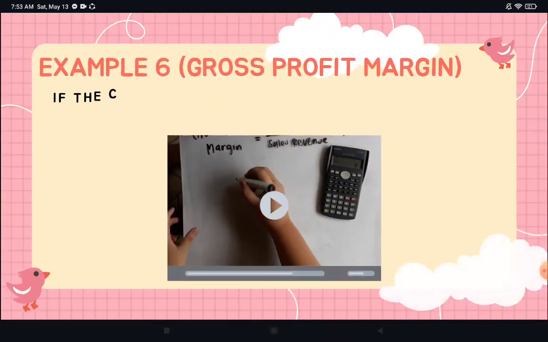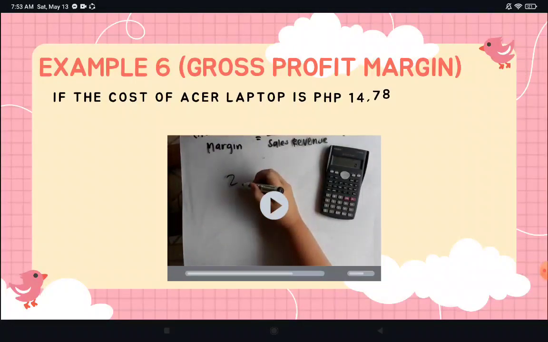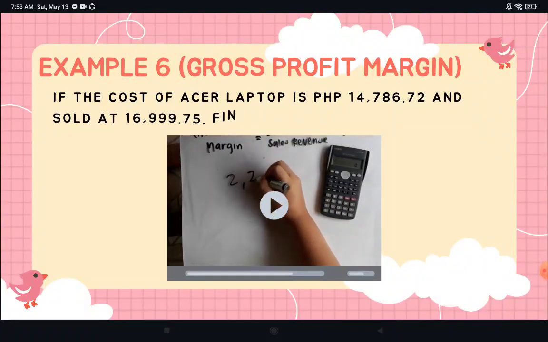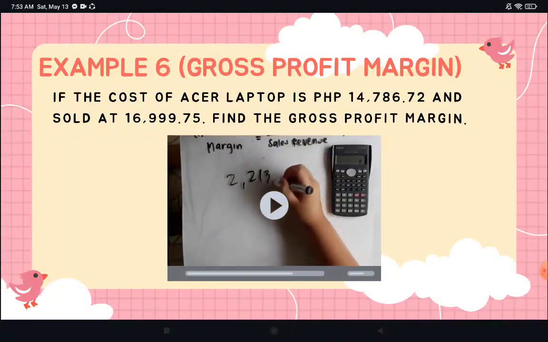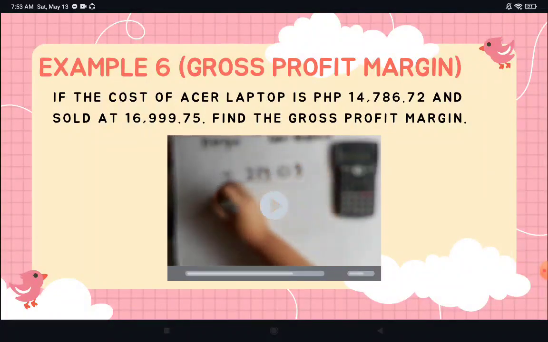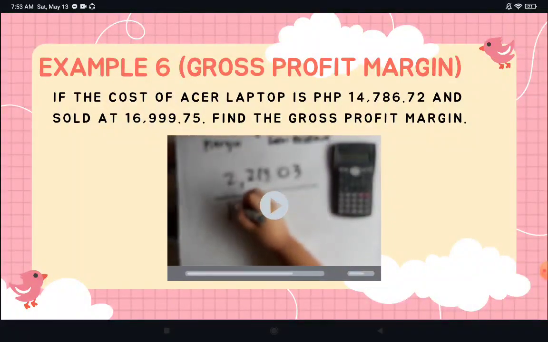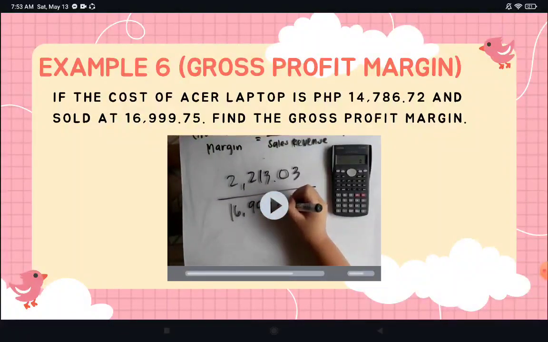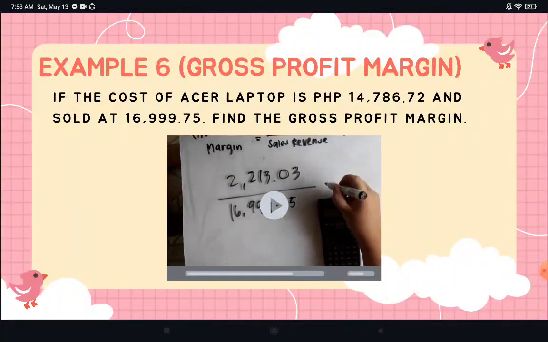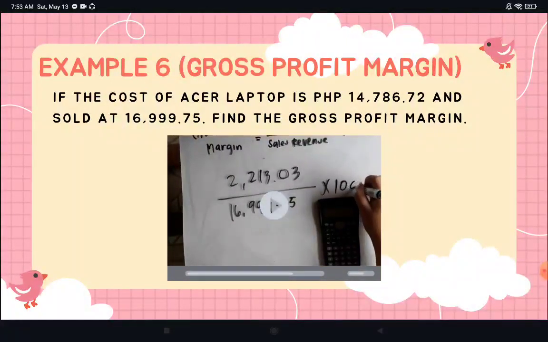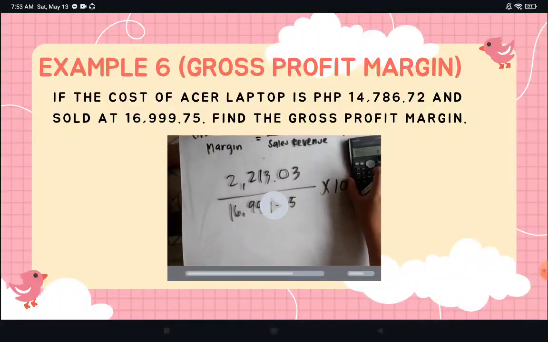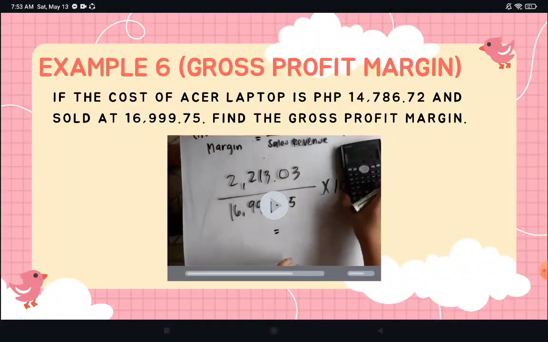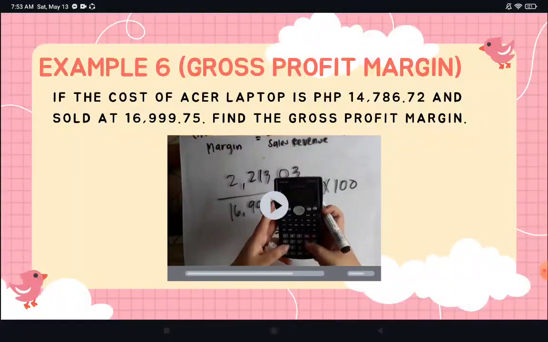So, this time, we will look for gross profit margin. Same problem, pero yung gross profit margin naman yung hahanapin natin. If the cost of an Acer laptop is 14,786.72 and sold at 16,999.75, find the gross profit margin. Ang formula dito is gross profit over sales revenue.